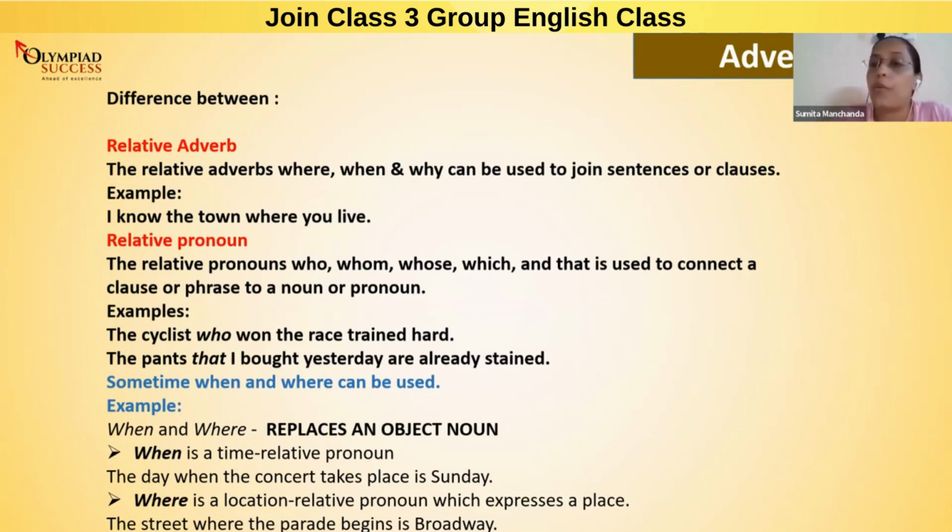But when we talk about relative pronoun, and if you are using where and when, you will find the difference. See over there when I'm saying the cyclist, see the example, the cyclist. So cyclist is what? It's a noun. So who is connecting the clause to what? To a noun only, right? Yes, ma'am.